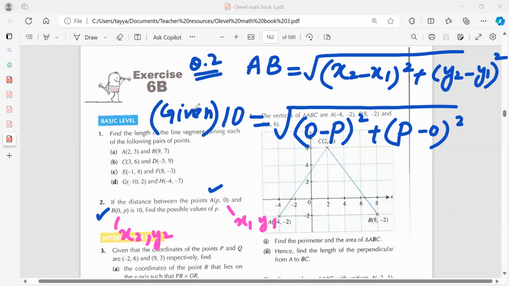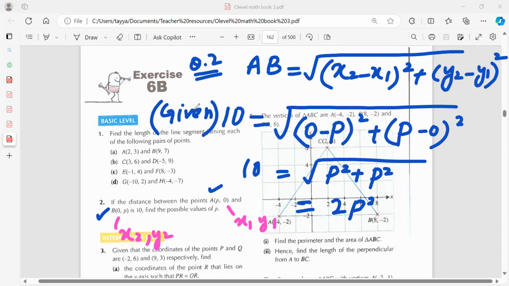They mentioned here, if the distance between the points A and B is 10, then find the possible value of P. Then it is 10. It is P square, and this one is also P square. So it will be 2P square.